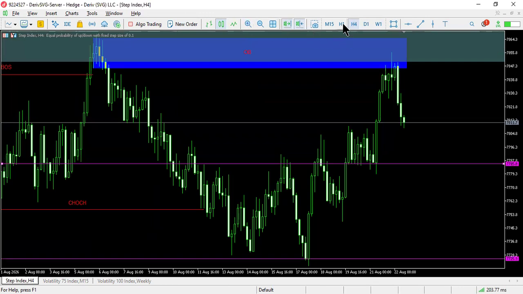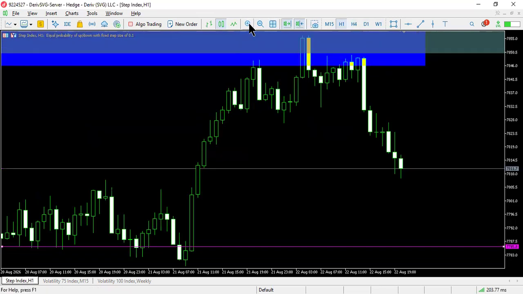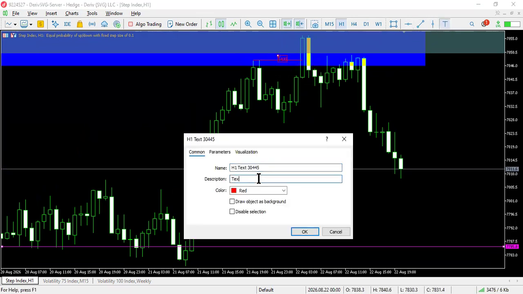Heading over to the 1 hour time frame. So from the 1 hour time frame, we have a change of character. Rather, a break of structure.